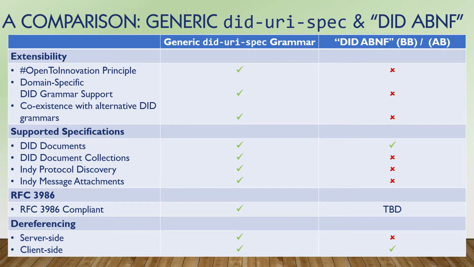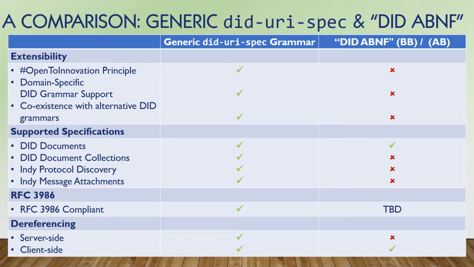So you've seen through the examples of the did-uri-spec grammar that there's those dollar transformer names, dollar select ID, dollar service ID, dollar content ID. So the generic grammar does not specify which names are valid. It can be any name.